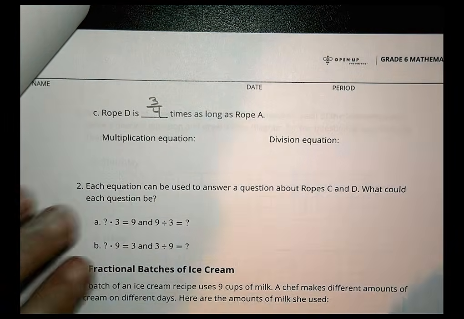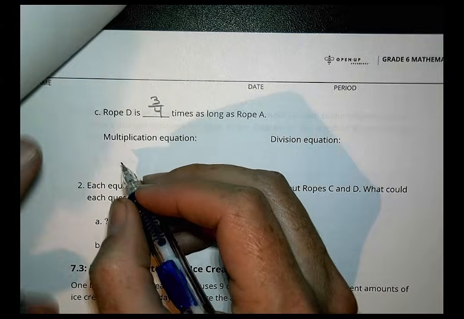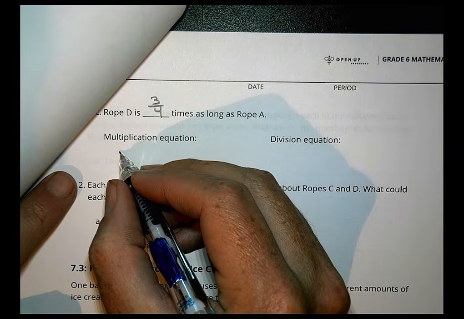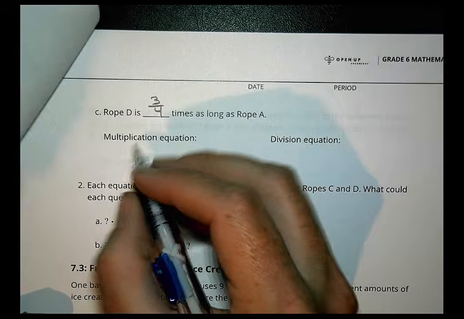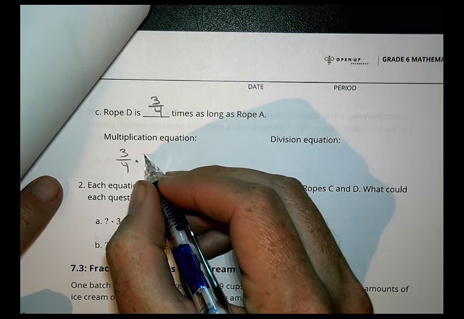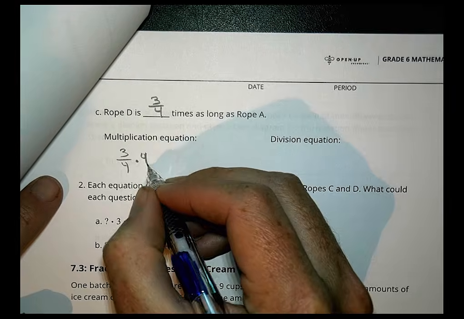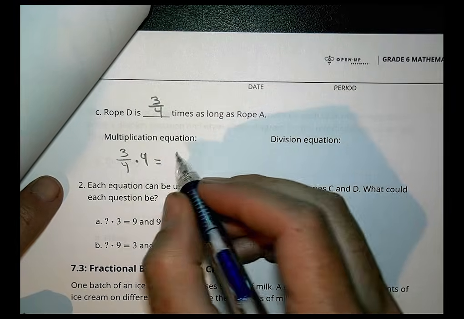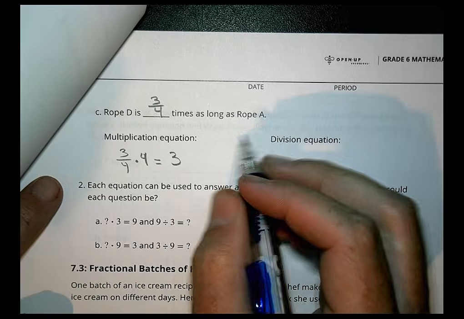As a multiplication equation, we could say that 3/4 times the length of A is going to be equal to 3.